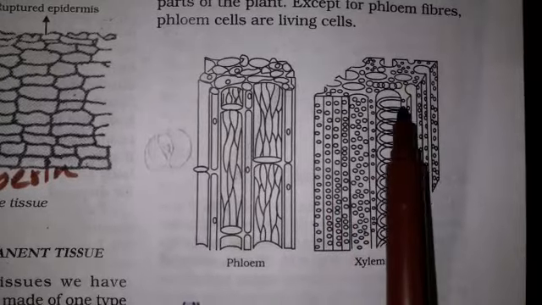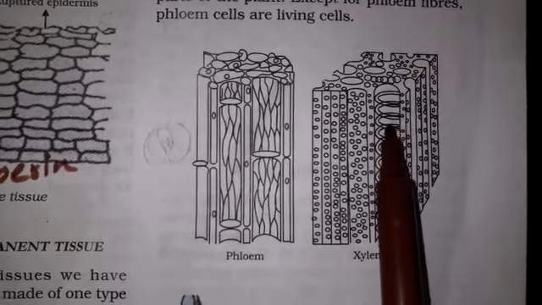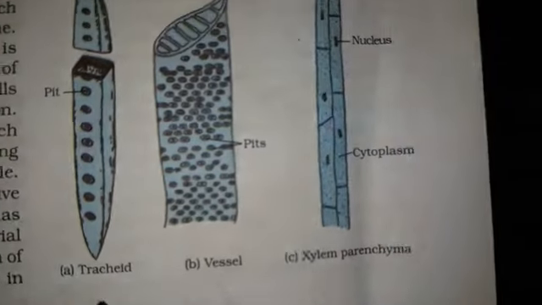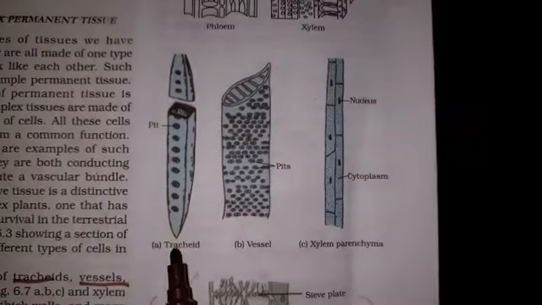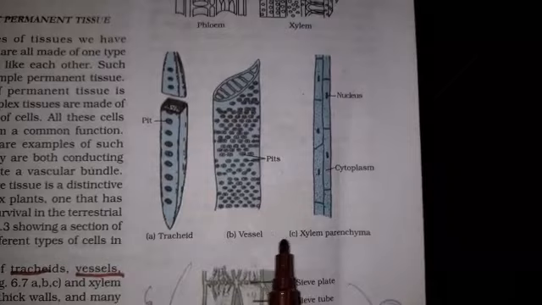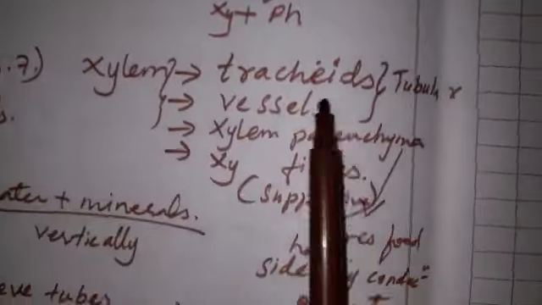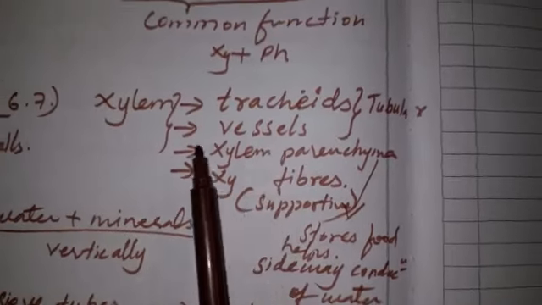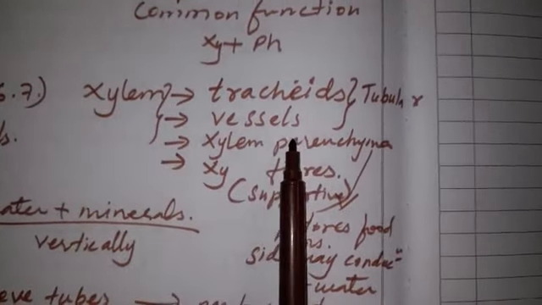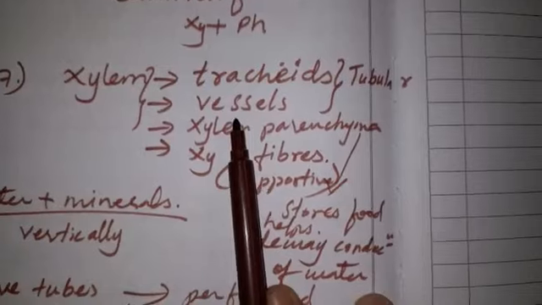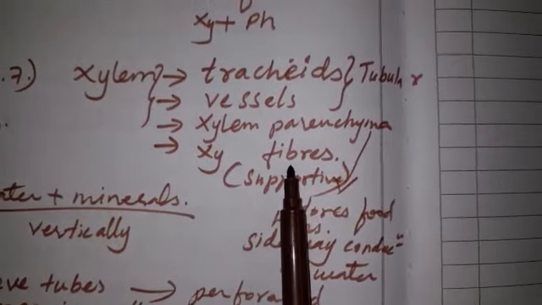You can just have a look at it. Xylem is mainly made up of tracheids, vessels, xylem parenchyma, and xylem fibers.